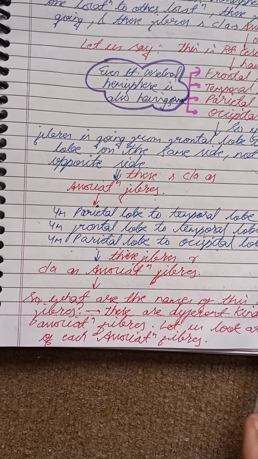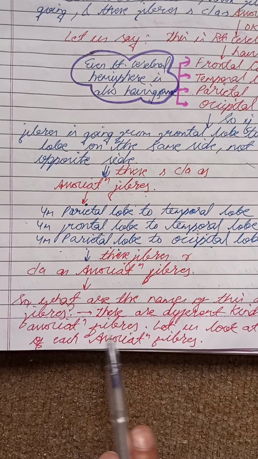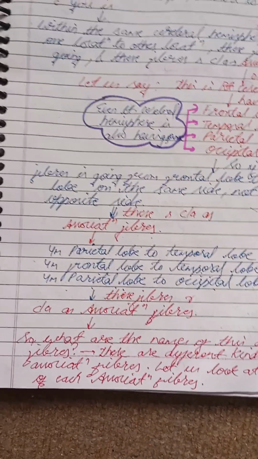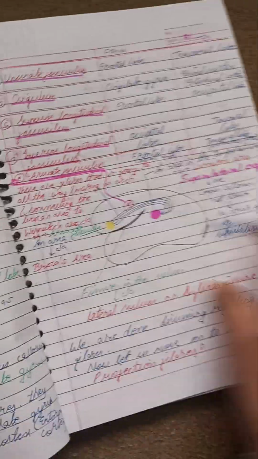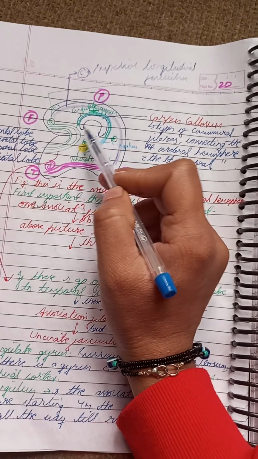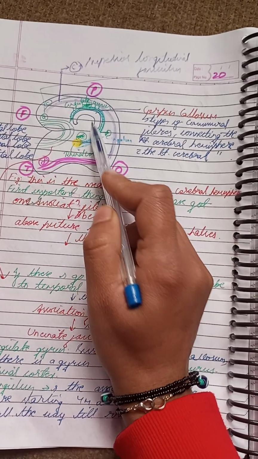So what are the names of these association fibers? There are different kinds of association fibers. Let us look at the name of each. See here, this is a corpus callosum, right? This is a picture of a cerebral hemisphere, and this is the corpus callosum.